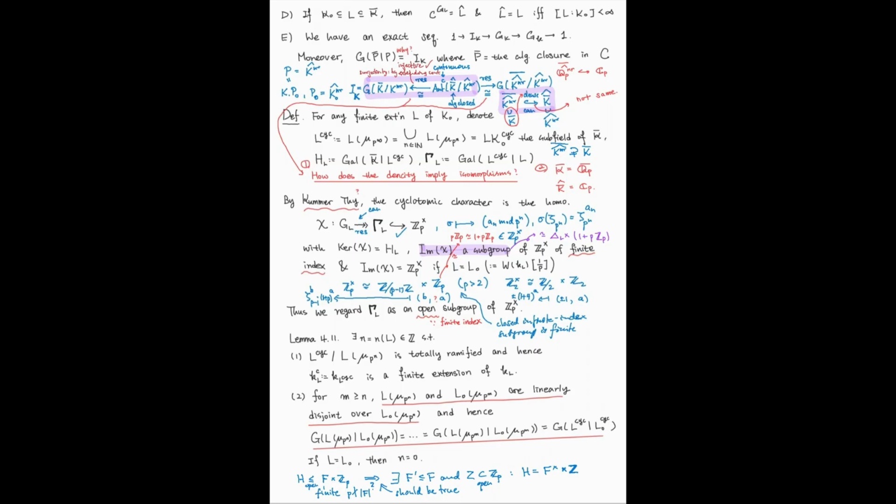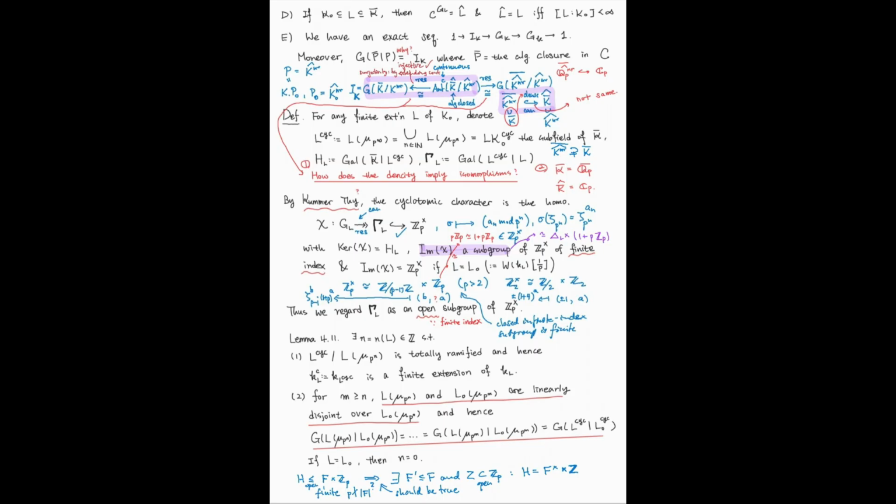If you look at the map which sends A to the absolute value of sigma of A, you get another absolute value. And if sigma is an element of the Galois group over K, then this absolute value maps A to the absolute value of A if A is in K.